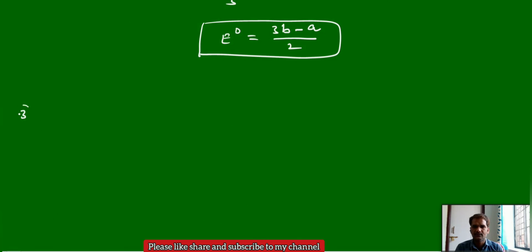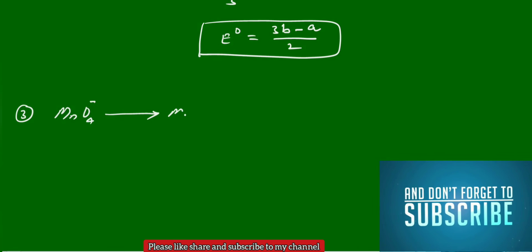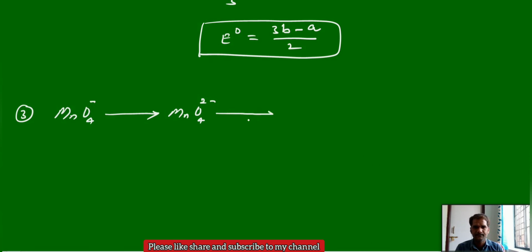One more question. MnO4 minus is converting into MnO4 2 minus, then to MnO2, and finally to Mn2O3.